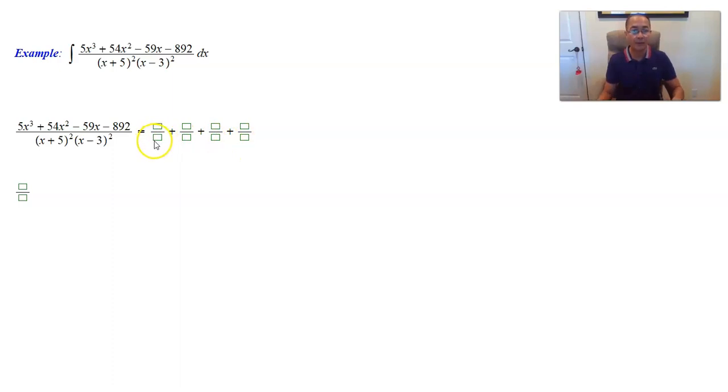Okay, 4 terms. The first one will just have x plus 5 in the denominator. Second, the square. And then the third will be x minus 3, and the fourth will be x minus 3 squared.